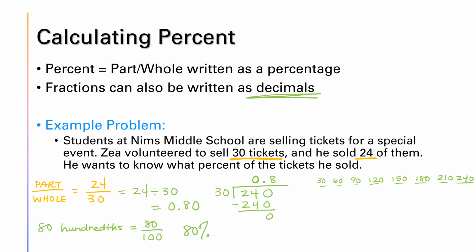So in this case, it wasn't easy for us to multiply our original denominator to get 100, so instead we could divide to get a decimal number and find our percentage. So 80 hundredths is 0.80, and we can multiply by 100 to get our percent.